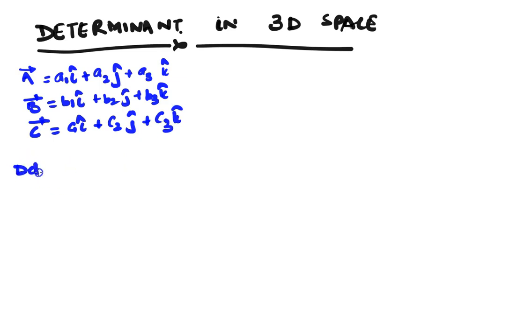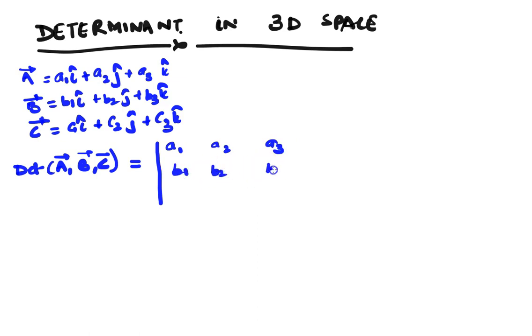Then the determinant of A, B and C is given by the determinant of A1, A2, A3, B1, B2, B3, C1, C2, C3.